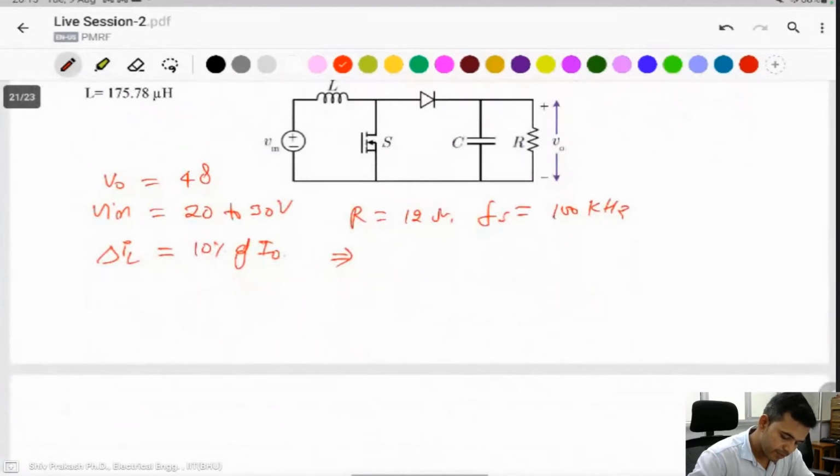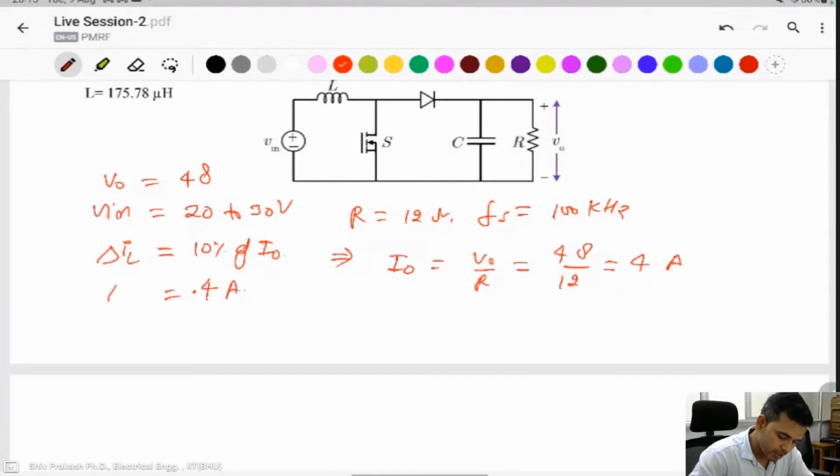Find the inductor. First of all, you find the I naught. I naught is equal to V naught by R. V naught is equal to 48 by R is 12, that is 4 ampere. 10% of 4 ampere is 0.4, delta IL.